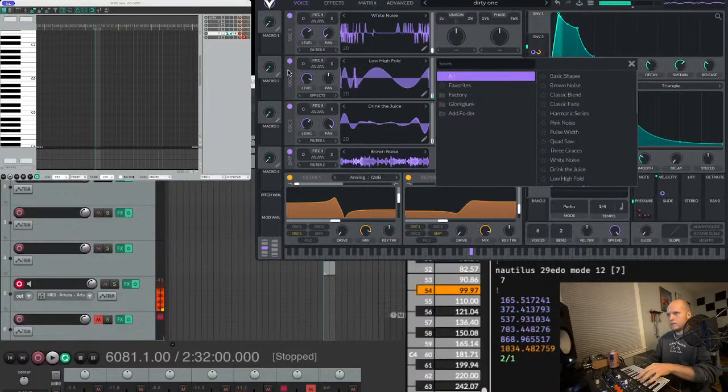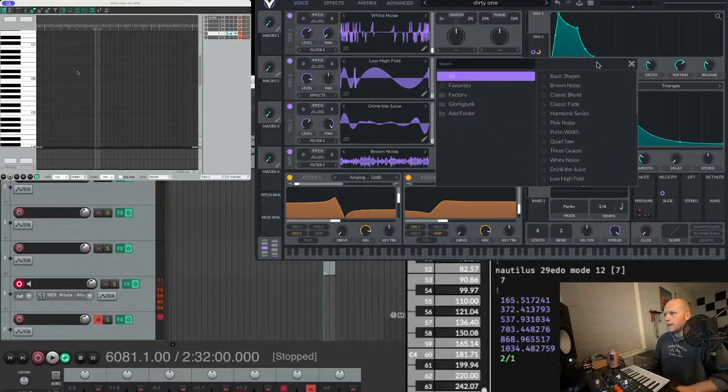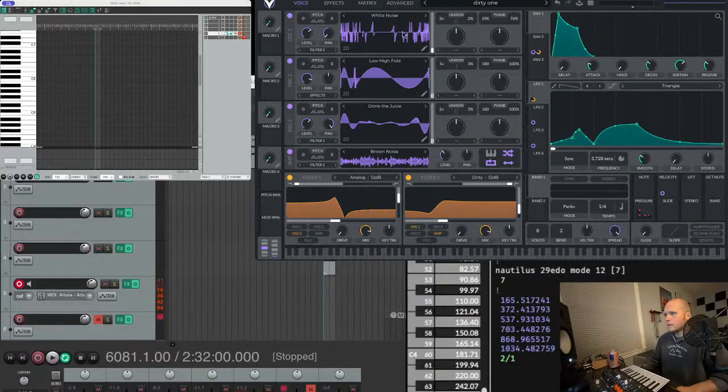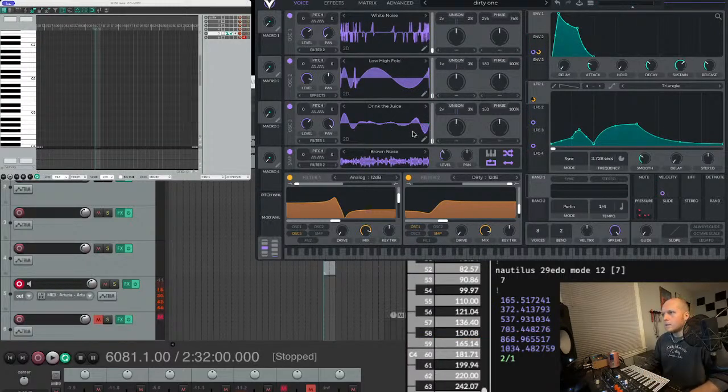If you take this out, it's pretty tinny, and you can see these moving. This one's not moving, but it is active. It's just nothing's modulating that wavetable.